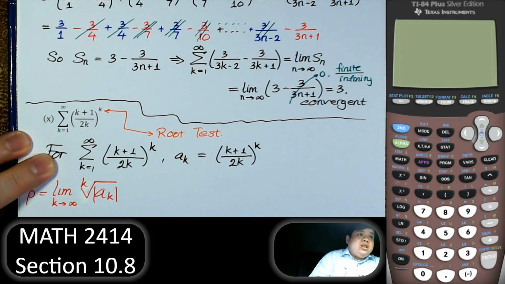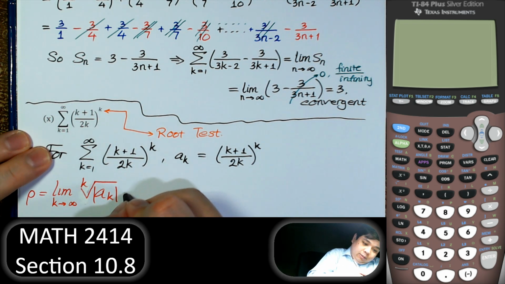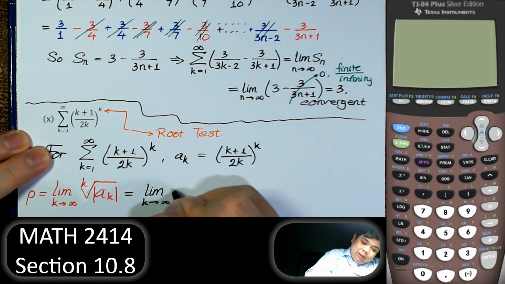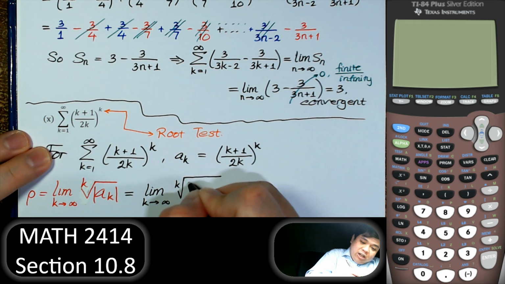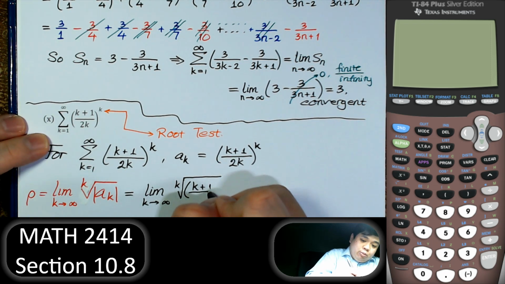Throw in an absolute value to guarantee that it is positive. In this one we don't really need that though. k is from 1 to infinity, so k is positive.